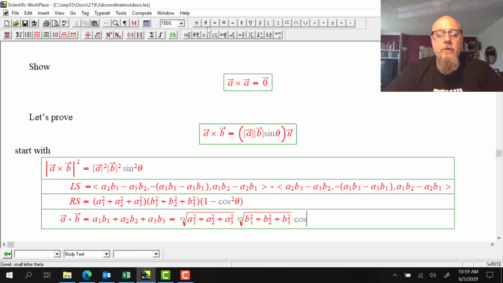So this is me just rewriting the dot product formula with cosine.